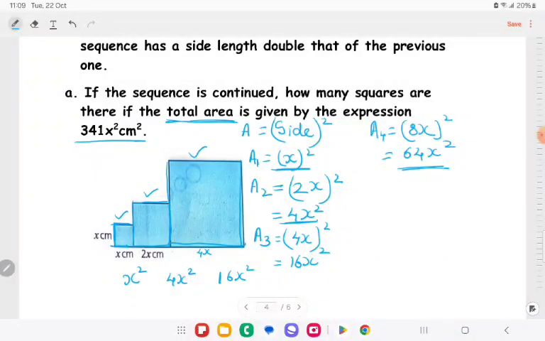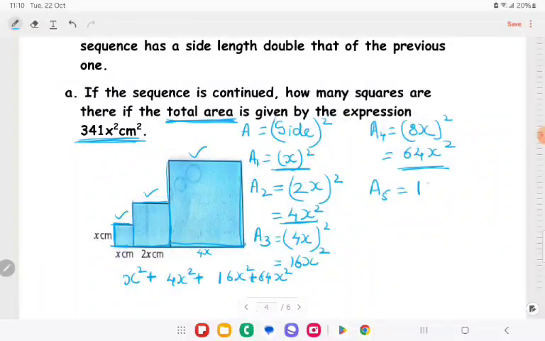See, they want the total area. That means I will have to add up all of these and bring it up to 341. Then what is the fifth one?